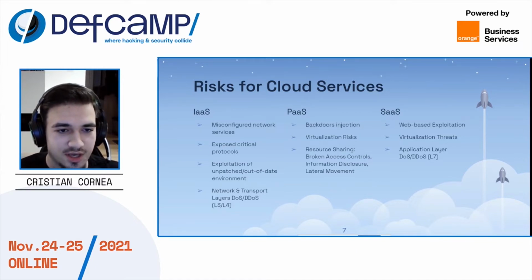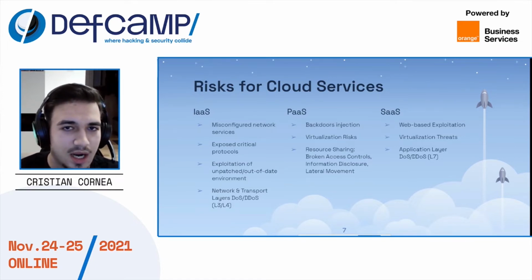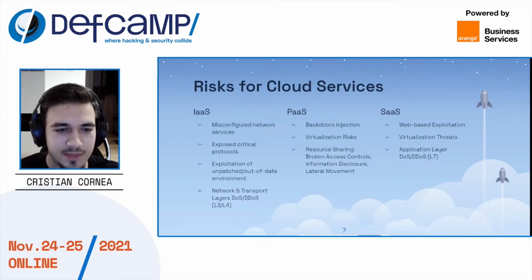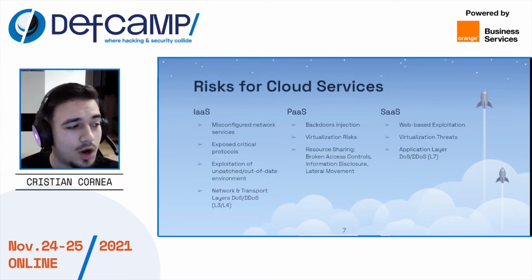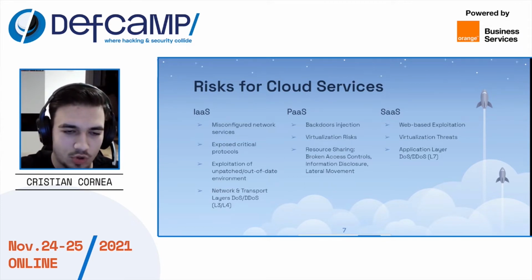In infrastructure as a service, let's take some common risks for this cloud service. We have some misconfiguration at the services level. So maybe we have wrongly configured a file transfer on one of our servers that is deployed in an infrastructure as a service model.